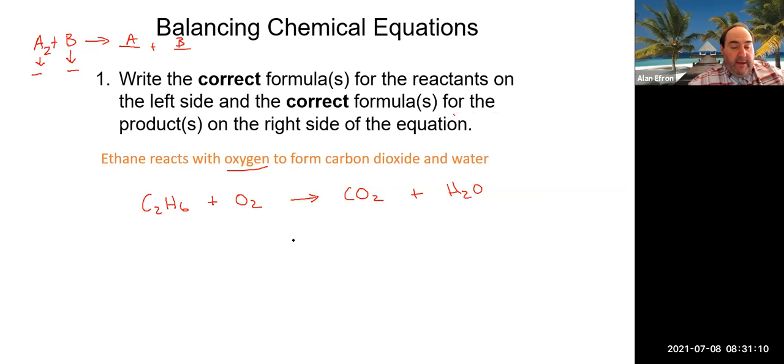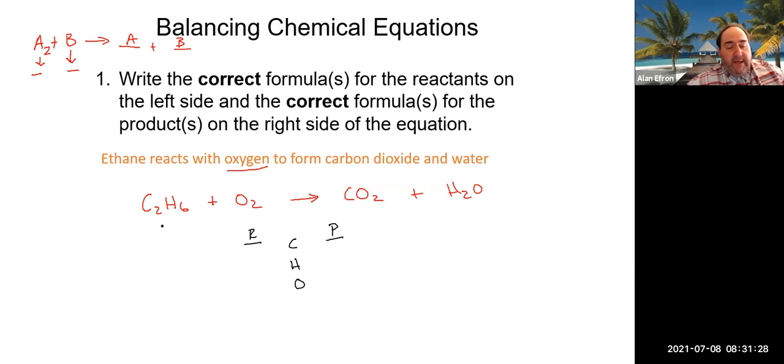Clearly here we have carbon, hydrogen, and oxygen, with a side for the reactant side and a side for the product side. Sometimes these lists can help point you in the right direction.